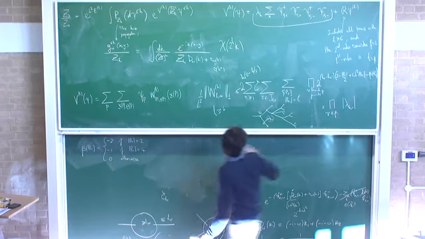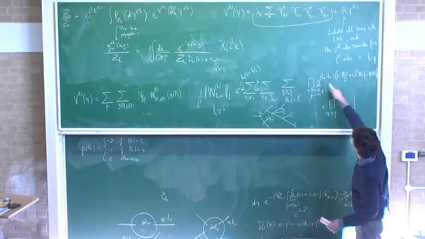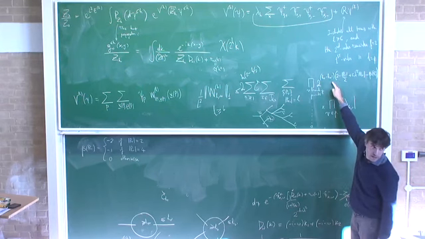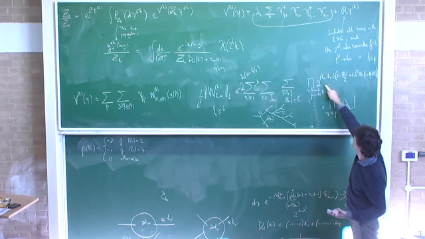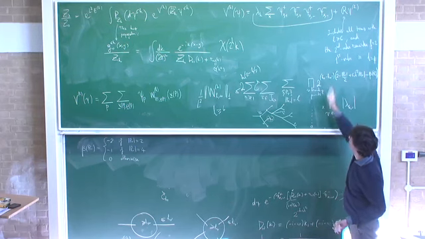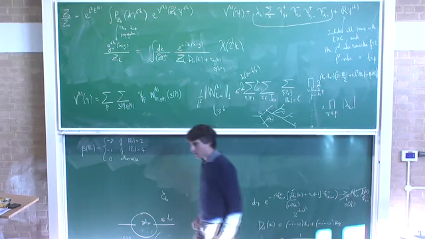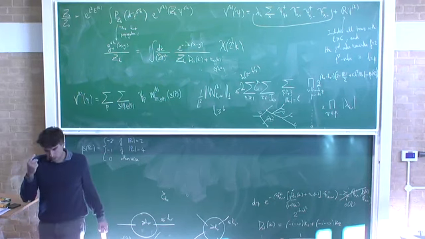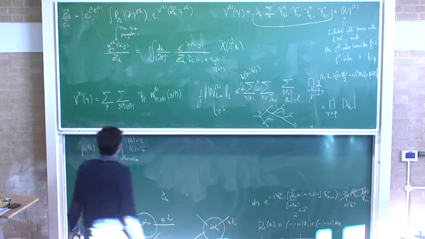So once again, these are the factors 2 to the minus HP minus HP prime of the remainder of the term with 4 external lines, and 2 to the minus 2 HP minus HP prime for the remainder associated to the terms with 2 external lines.